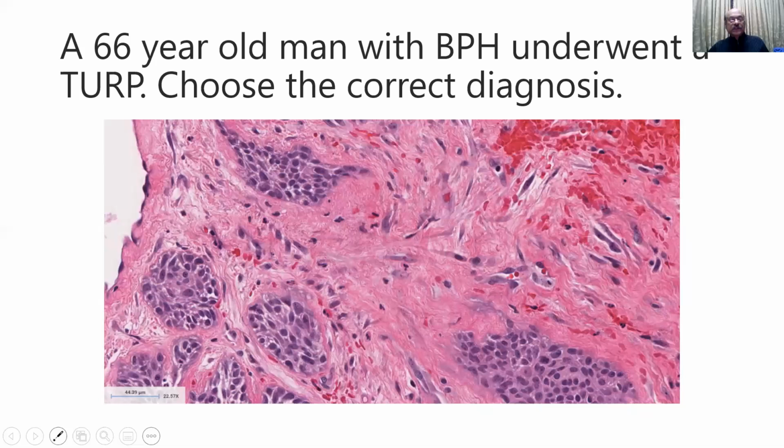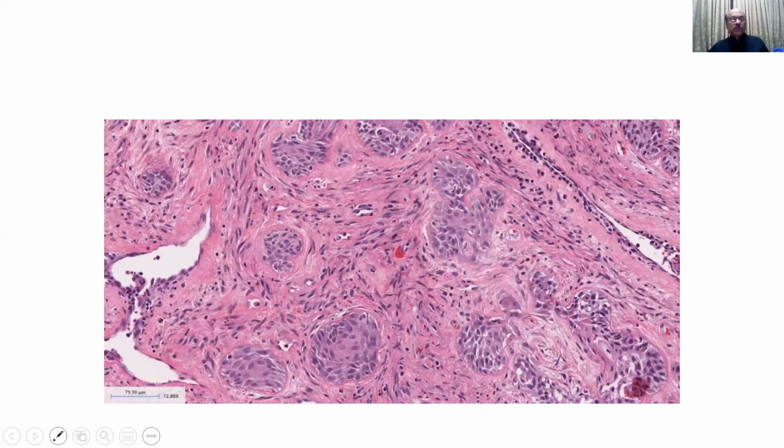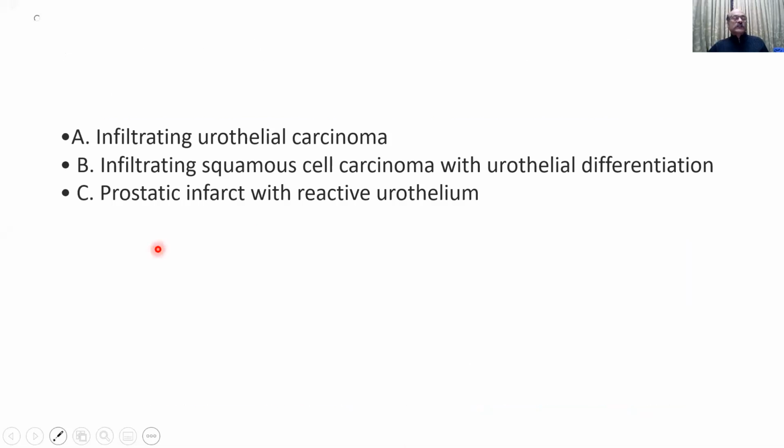Similar thing here. Now the choices are infiltrating urothelial carcinoma, infiltrating squamous cell carcinoma with urothelial differentiation, and prostatic infarct with reactive urothelium. So these three are the choices.